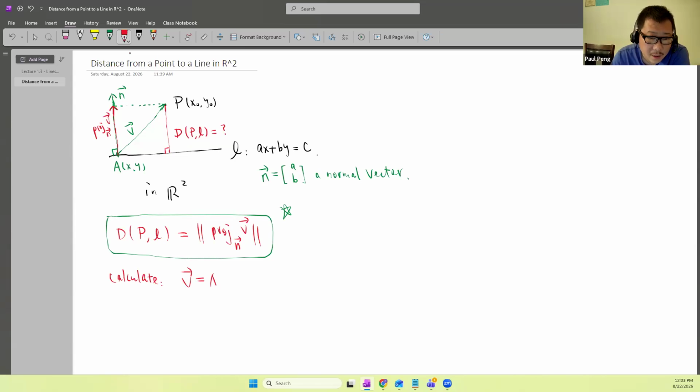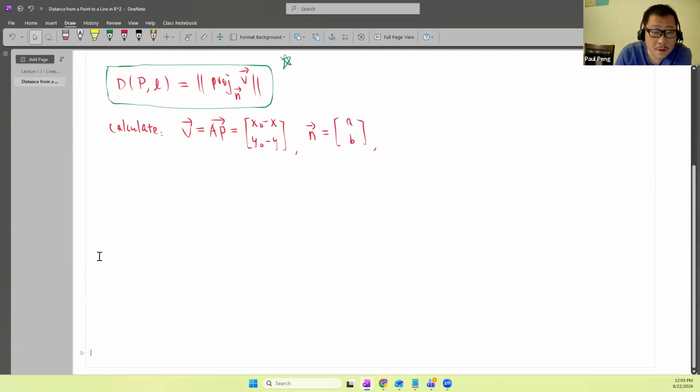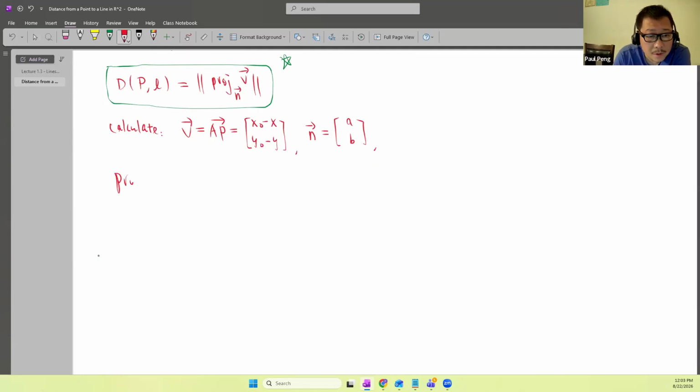V is from point A to P, so it is (x0 minus x, y0 minus y). And N we already have: N is (a, b). Let's calculate the projection of V onto N.